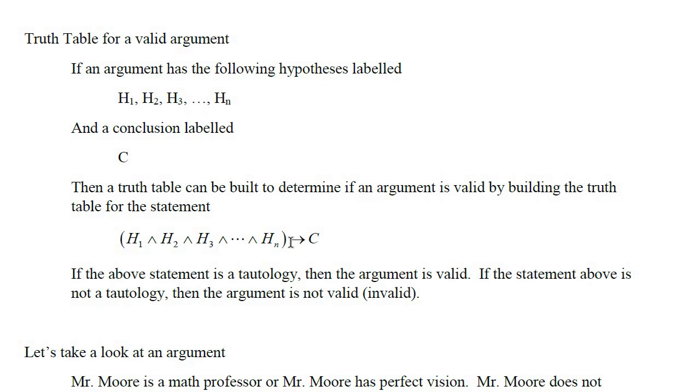For the if part, we're going to AND together all the hypotheses. So if hypothesis 1 ANDed with hypothesis 2, ANDed with hypothesis 3, and so forth, then my conclusion. If the above statement is a tautology, in other words, when I build the truth table for this I get all truths at the very end, then the argument is valid. If the statement above is not a tautology, in other words, there's at least one false, then the argument is not valid. It's invalid.